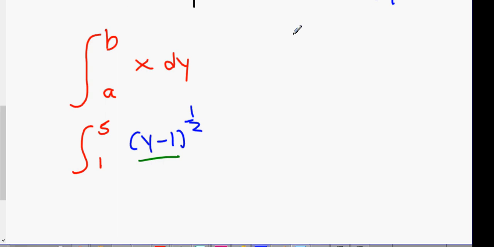So for example, if I gave you x to the power of a half to integrate, you would tell me the answer is x to the power of 3 over 2, times 2 over 3. We're going to use the same logic here, only because the derivative of what's in here is 1. If the derivative of what is in here is not 1, you're not allowed to do it. So if you differentiate y minus 1, it's only the y that gets differentiated, and it'll turn into 1.